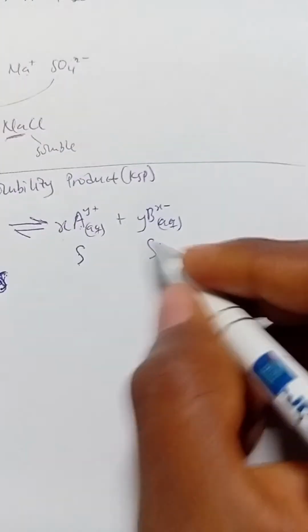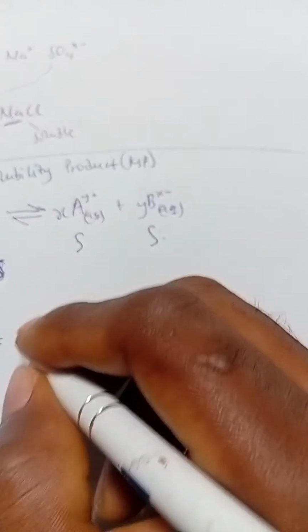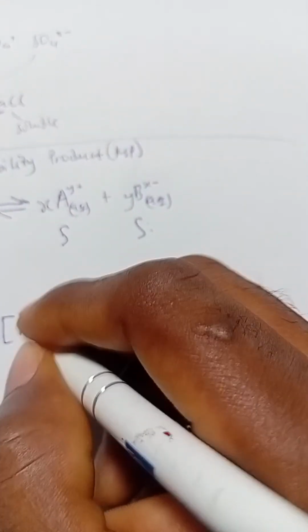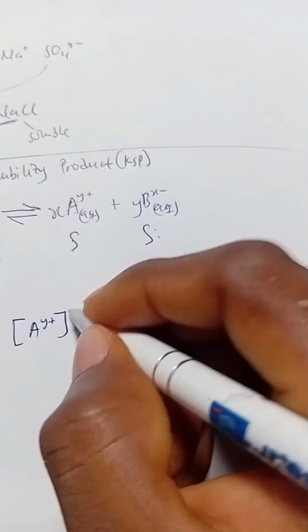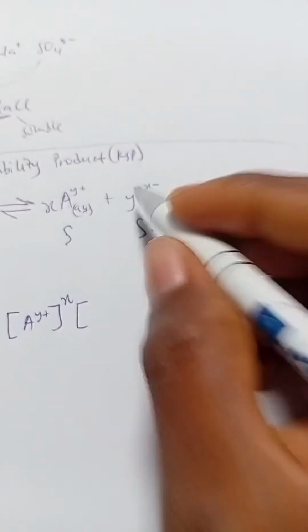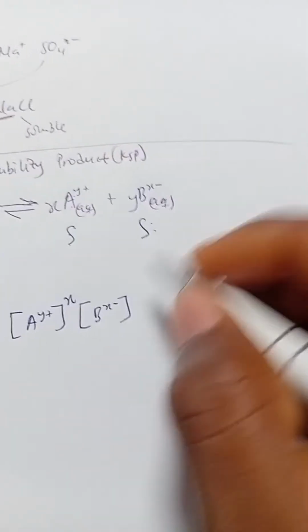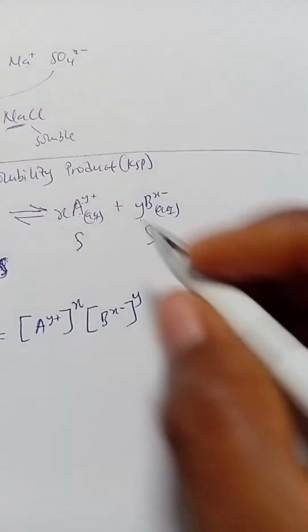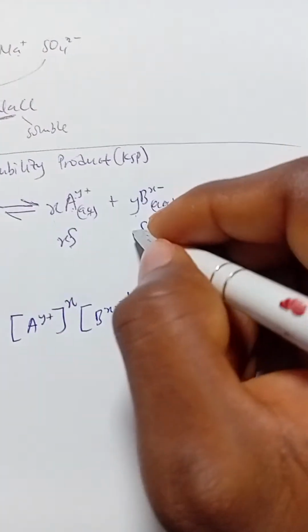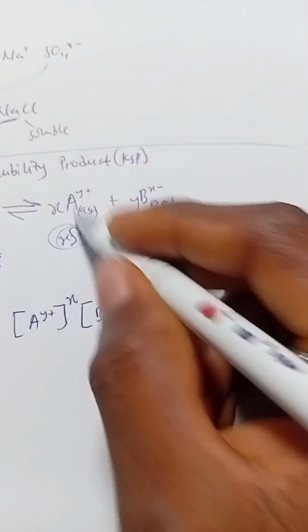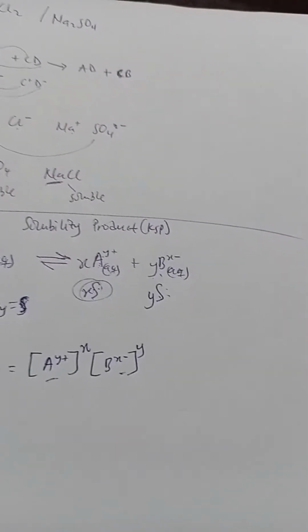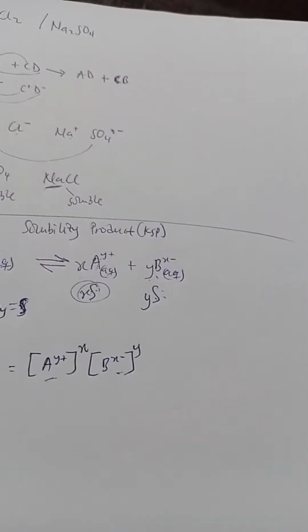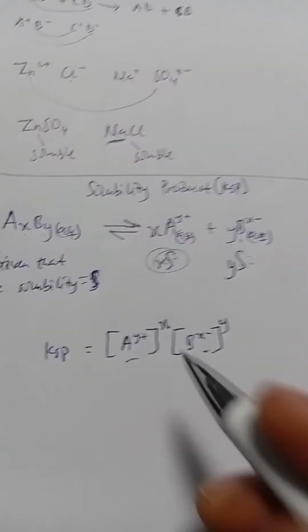When we get these two concentrations, our KSP is equal to the concentration of this ion raised to the power of its coefficient times the concentration of the other ion raised to the power of its coefficient. Until we solve an example, it will not make sense, so we'll solve an example quickly. This is how you get KSP.